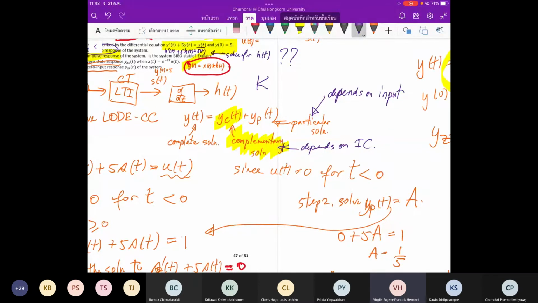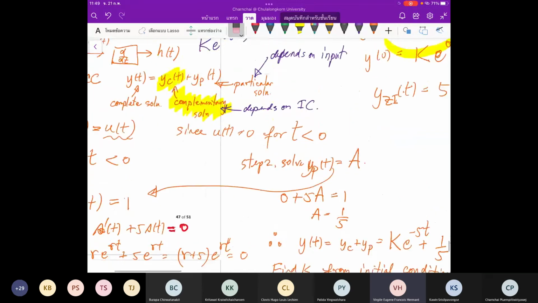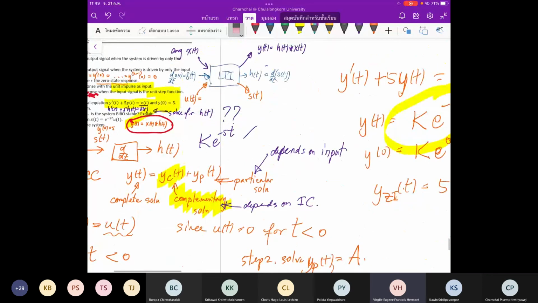The complementary solution is of the form k e to the negative 5t. The particular solution changes with the input. The first input was the unit step function, and the particular solution was 1/5. The particular solution is 1/5 if x(t) is a unit step.